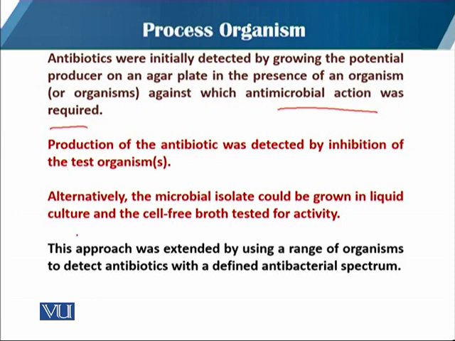Alternatively, the microbial isolate could be grown in liquid culture and the cell-free broth tested for its activity. This approach was extended by using a range of organisms to detect antibiotics with a defined antibacterial spectrum. This strategy can be easily employed if we want to isolate antibiotic producing organisms.